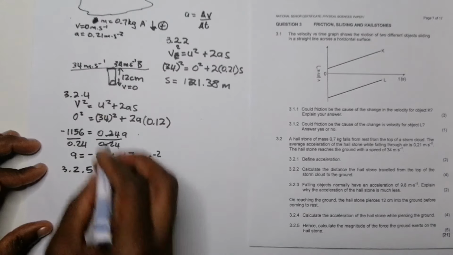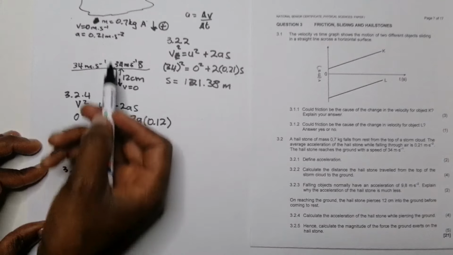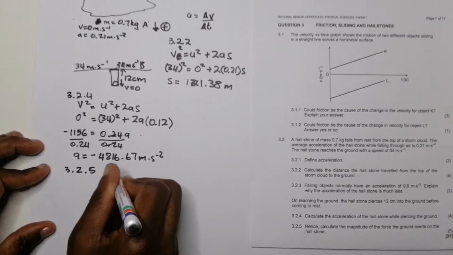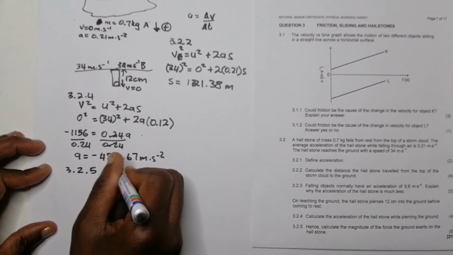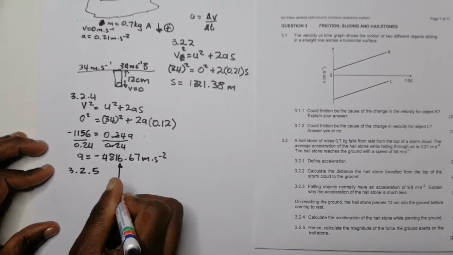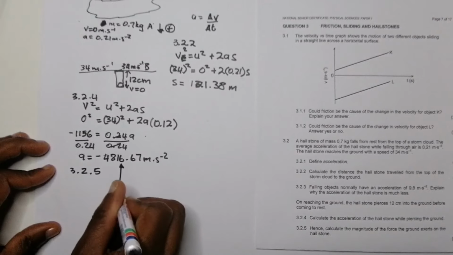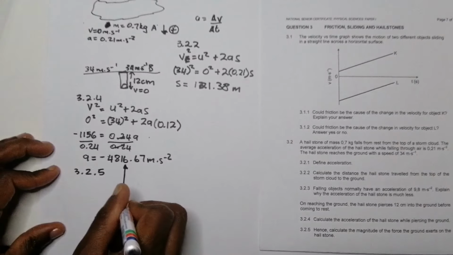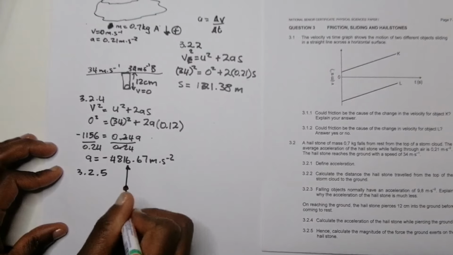But the ground is now exerting a force upwards. So it means that the force that the ground exerts upwards is bigger at that particular moment than the force of gravity going down, and that's what slows the thing down, isn't it?